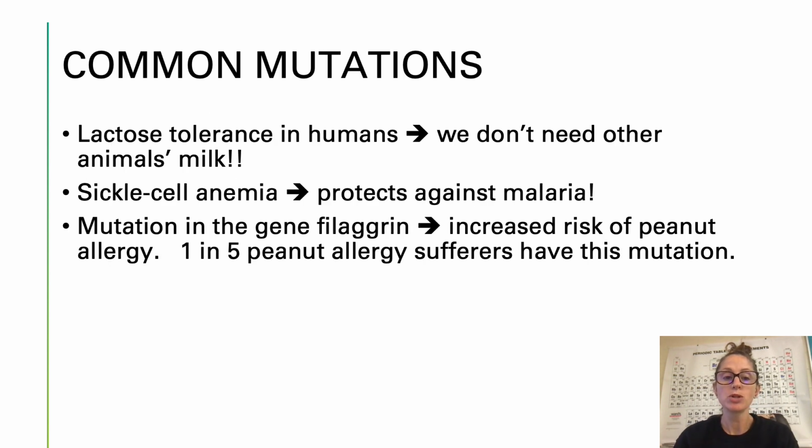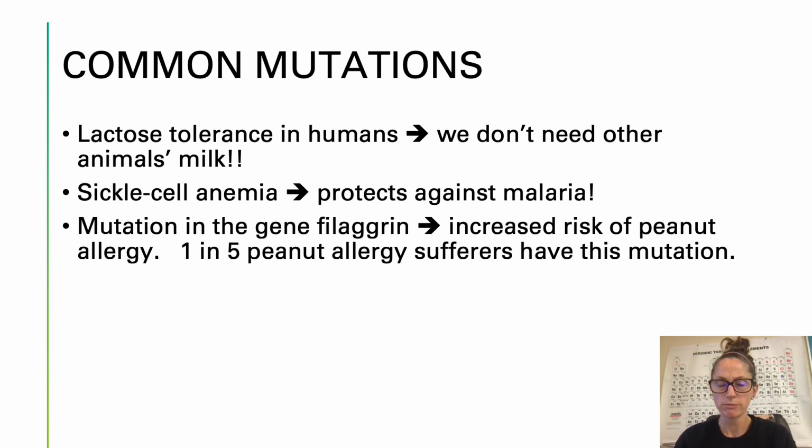Some common mutations that are interesting to know about: lactose tolerance in humans. If you can drink milk, you don't need to, but if you can, that's due to a mutation. Sickle cell anemia: the mutation that causes it can actually protect against malaria.